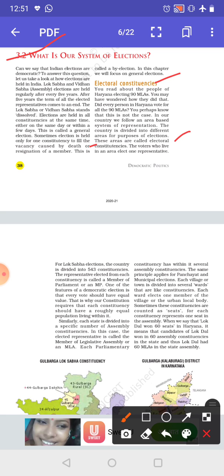When in that example of Haryana we said that the Lok Dal party won 60 seats, it means that candidates of the Lok Dal party won in 60 assembly constituencies in that state, and Lok Dal had 60 MLAs in the state assembly.